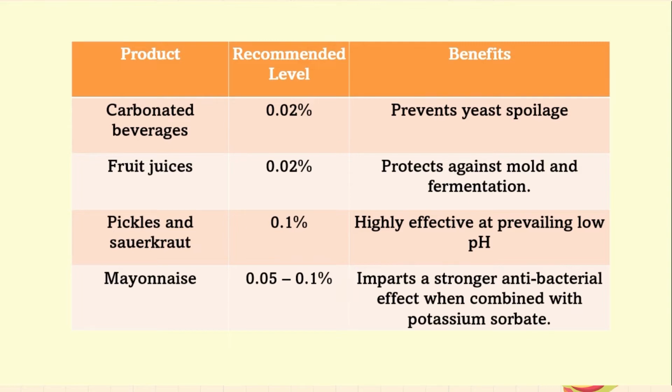It is also used in pickle and sauerkraut that have a recommended level of 0.1%, highly effective at preventing growth at low pH. Lastly is mayonnaise that has a recommended level of 0.05% to 0.1%, which imparts a stronger antibacterial effect when combined with potassium sorbate.